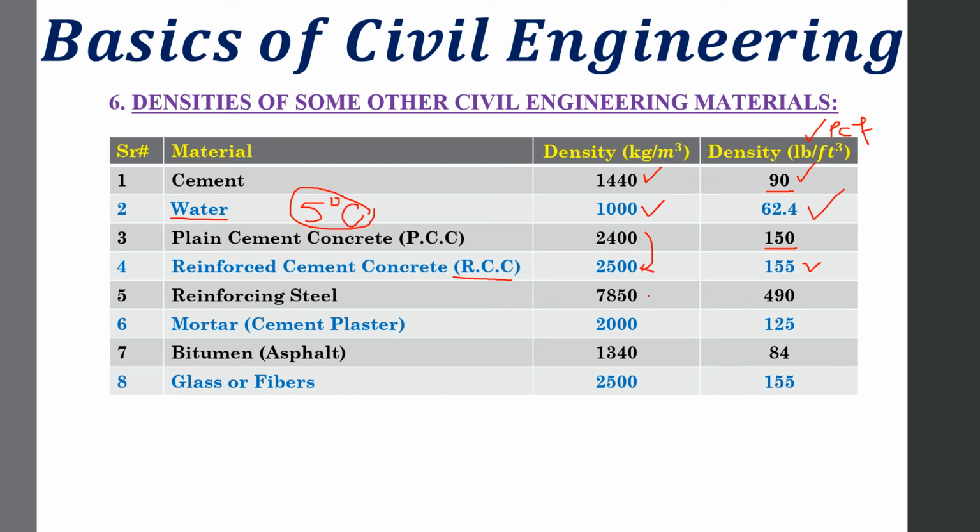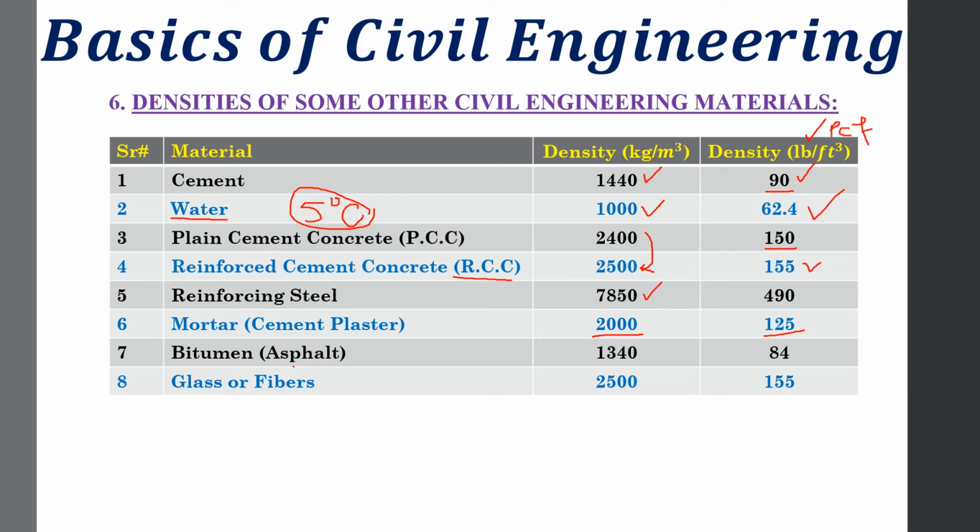For reinforcing steel or reinforcing bars, which is used as reinforcement in RCC concrete or in civil engineering, the density is 7850 kg per meter cube, which becomes approximately 490 lb per foot cube, that is PCF. And for mortar or cement plaster, the density is 2000 kg per meter cube, approximately equal to 125 PCF.